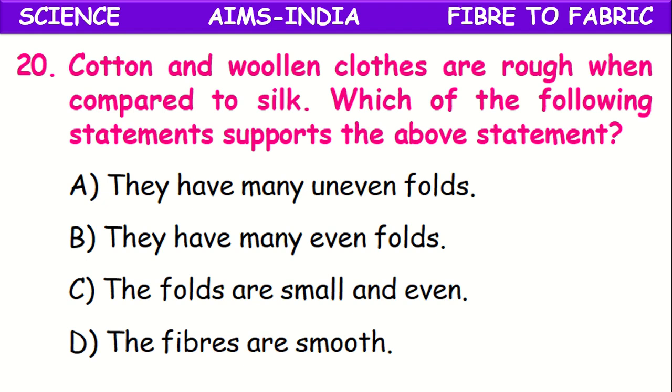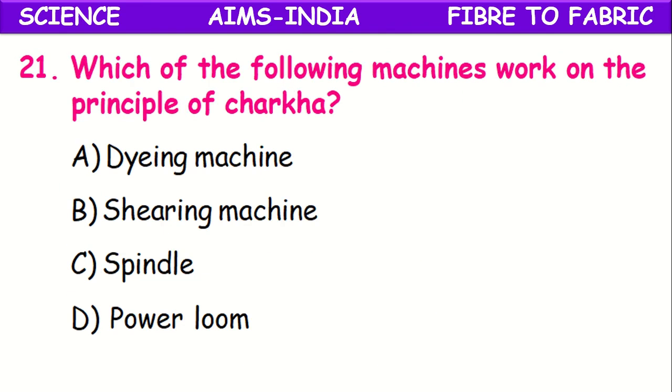They have many even folds. The folds are small and even. The fibers are smooth. So why are these cotton and woolen clothes a little rough when compared to silk? The reason is they have many uneven folds. Because of that, they are somewhat rough when compared to silk.